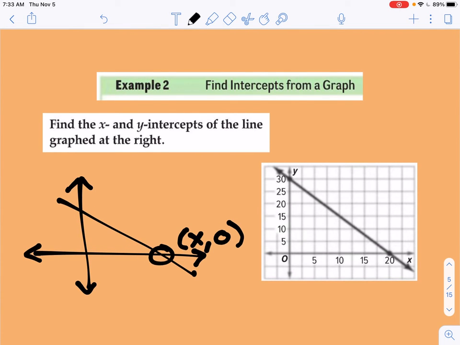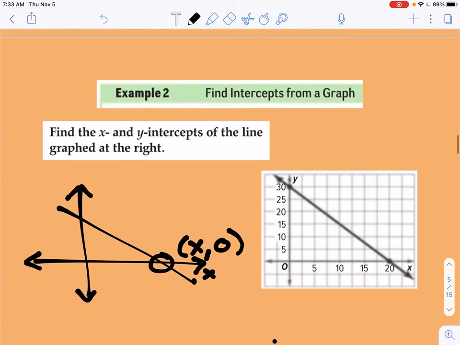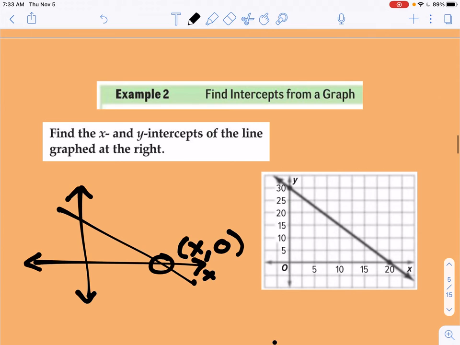Your y-coordinate has to be 0 where it crosses the x-axis, because that's just what y is, if you think about that. All right, so this is my little x-axis here, this is my y-axis. For some reason this thing is not letting me write. Okay, and then my y-intercept is going to be right here, and that's going to be the point 0, y, depending on what it is.